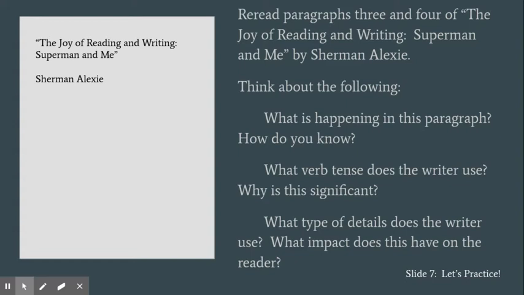Why is this verb tense significant? What types of details does the writer use? What impact does this have on the reader? Once you've finished reading paragraphs 3 and 4, we will have a discussion about the questions on the slide. So now, let's discuss.